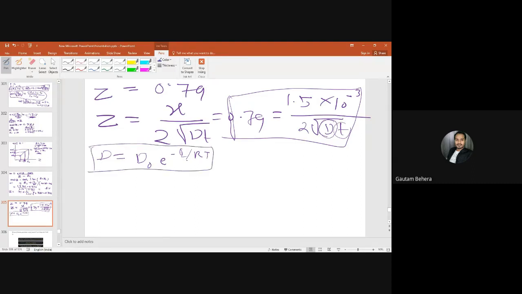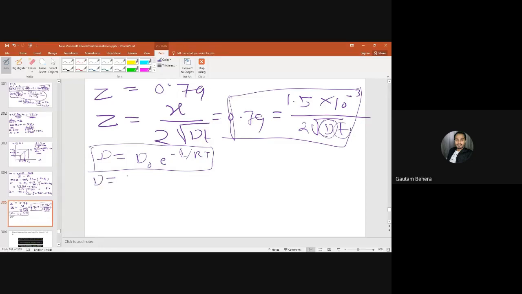Q is the activation energy, R is the gas constant, T is the temperature, and D naught, the exponential factor or frequency factor, is already given. This capital T is always temperature, small t is the time. Remember that.